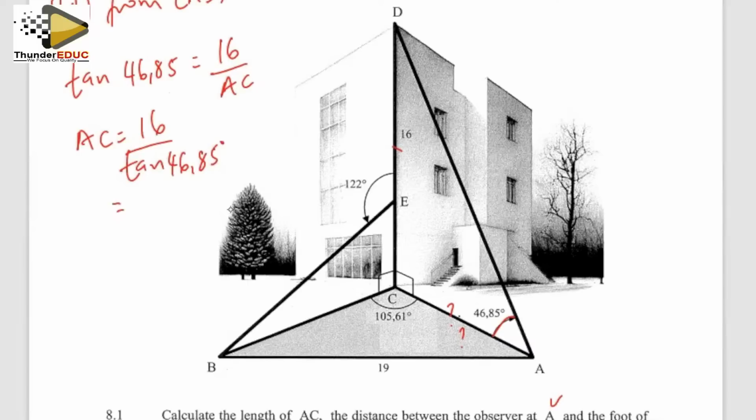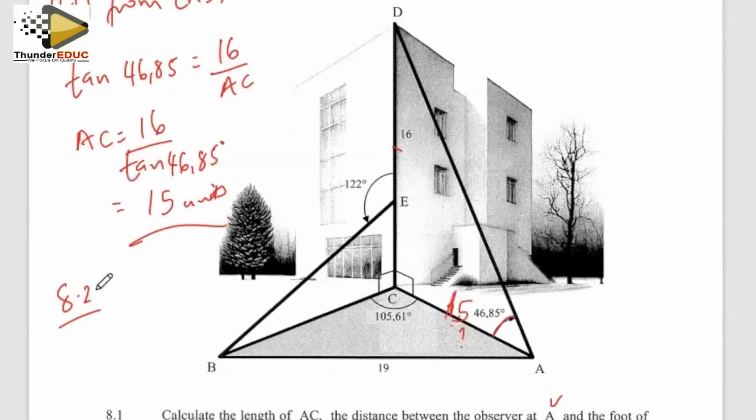When I punch that into the calculator, that is 16 over the tan of 46.85. That gives me 14,9987, which I'll take as 15 units, if we are to round off to decimals. Okay, so this is a 15. Now, if that is a 15, 8.1 is answered.